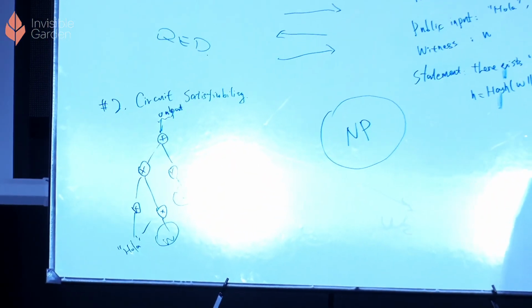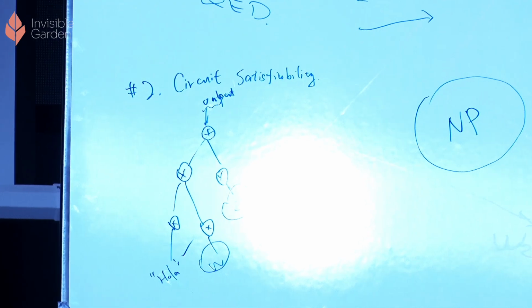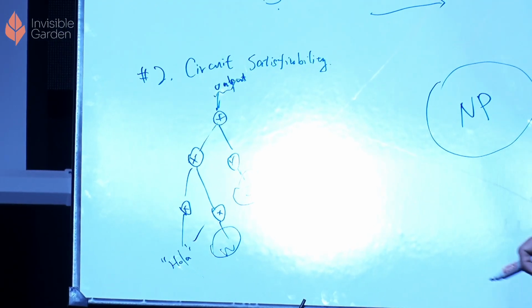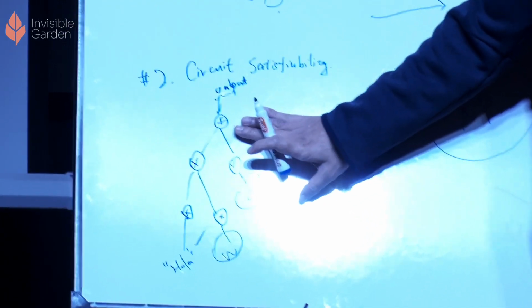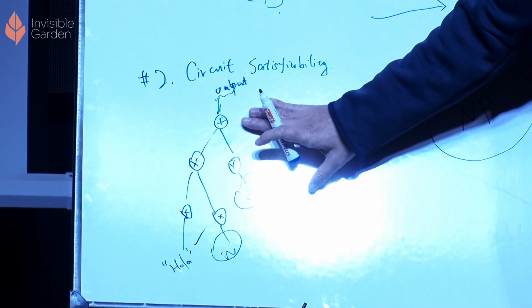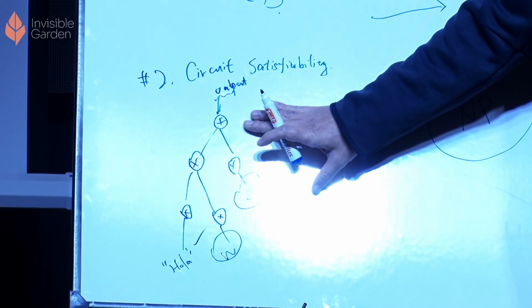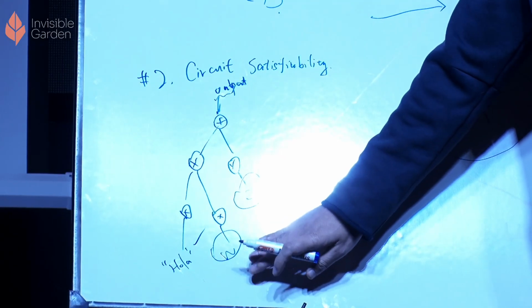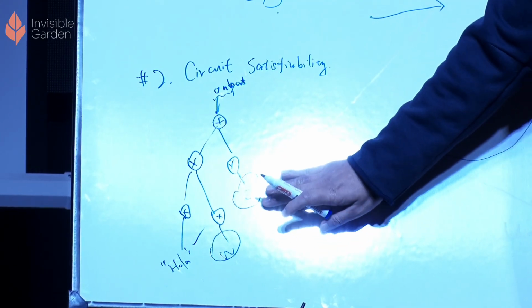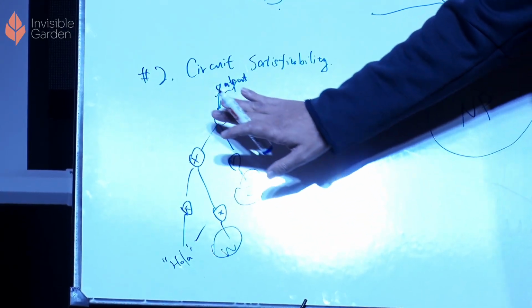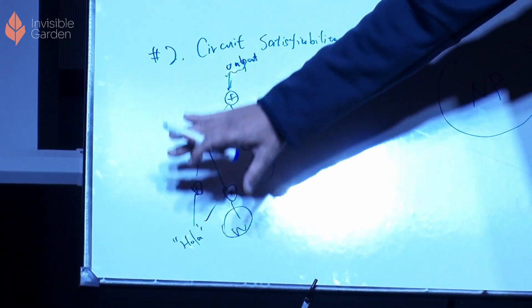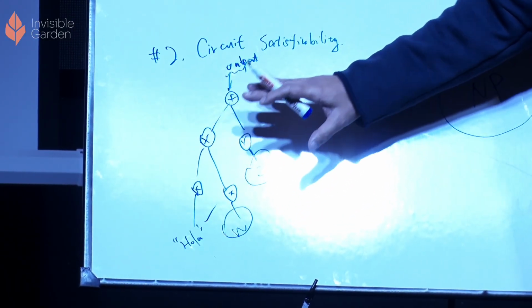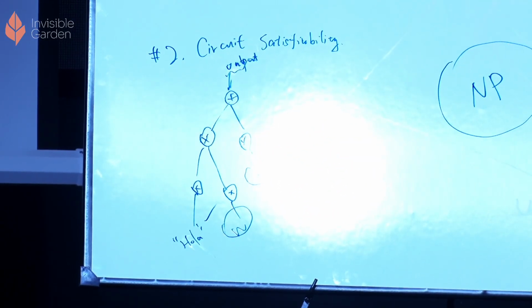There is some situation where a circuit cannot be satisfied. That means whatever W is or whatever value C is, the output of this circuit will not equal little h.